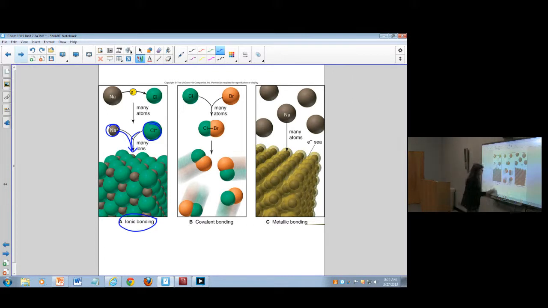We've also looked at covalent bonding, okay, where we share electrons. In that case, the electrons are what we did with those bonds in Unit 5, forming molecules like this. And although we haven't really looked at it, there's another type of bonding called metallic bonding.